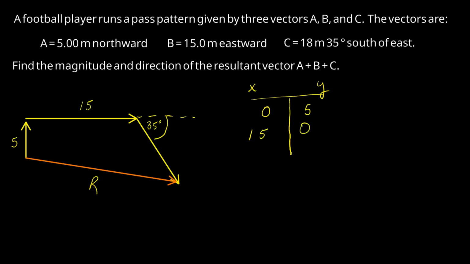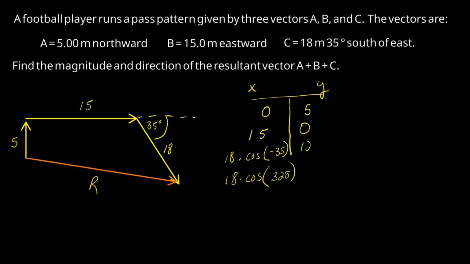The third vector, that one was 18. So he's going to be going 18 times the cosine. This gets a little tricky now. I can put negative 35 degrees, or I can say 18 times the cosine, 325 degrees. They'll both give you the same answer. I'm going to stick with the negative because I'm moving in a negative direction.